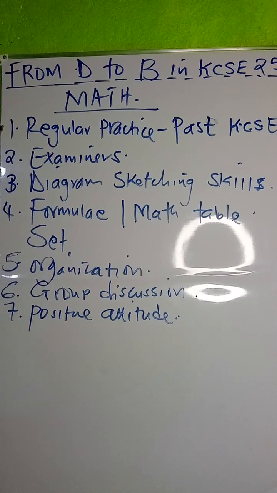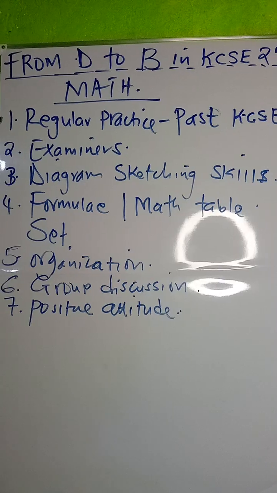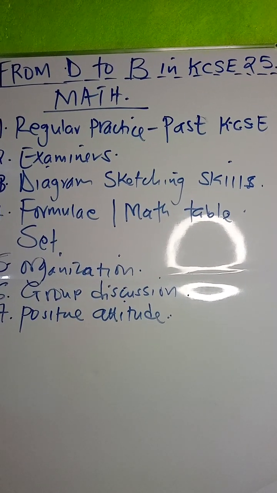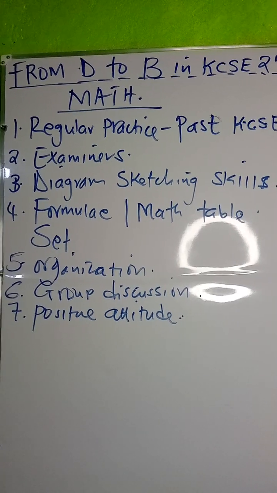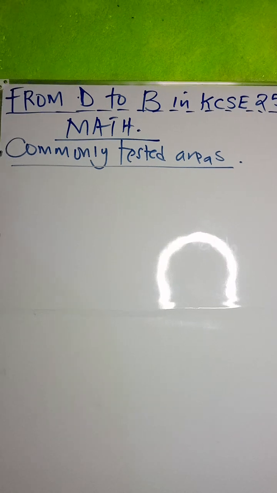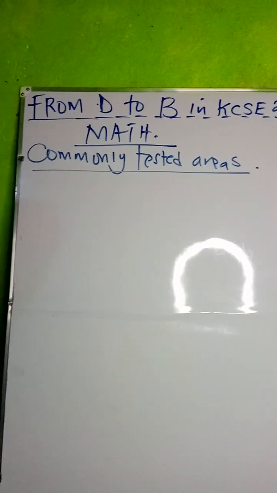And now I want us to look at some of the commonly tested topics that as a student you must prepare as you wait for the KCSE, in both paper 1 and paper 2.